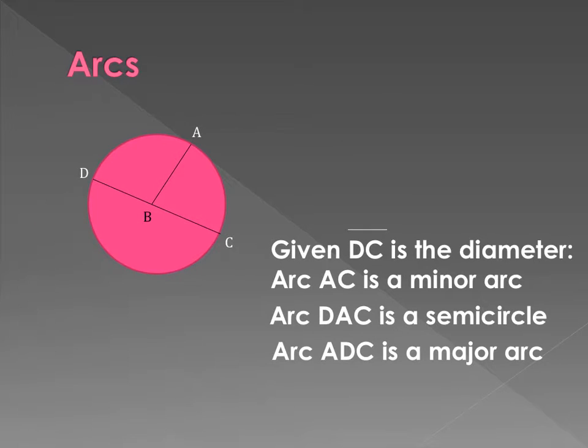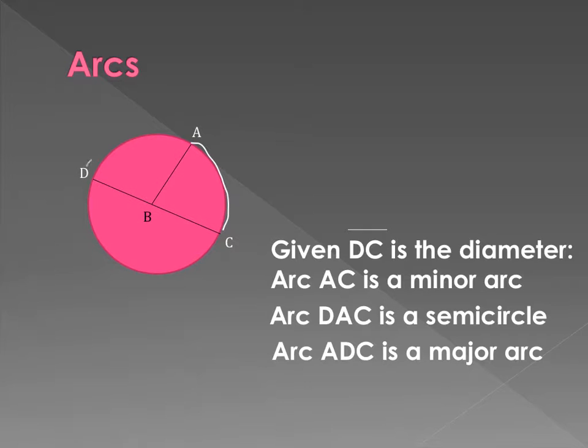So in this diagram, if you're given that DC is the diameter, so a diameter is going to be a straight line that passes through the center. That's how you can identify it's a diameter unless it says it somewhere. If DC is a diameter, then arc AC, so we're going from A to C, would be a minor arc. It's less than half the circle. Arc DAC goes in that order.